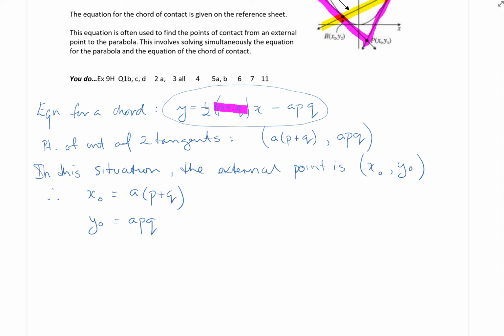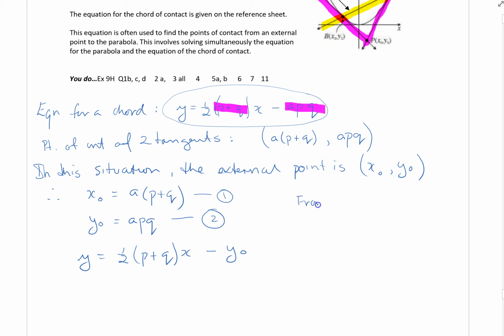And then it's pretty obvious, apq, I've already done that. I could actually replace that apq immediately with y naught. Okay, so let's do that. So y is equal to a half (p plus q)x minus y naught. That's looking a little bit better. I'll call that 1 and that 2.